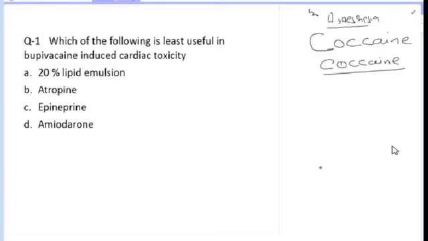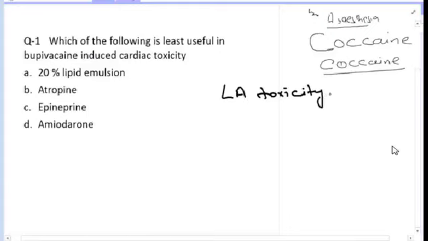Now the local anesthetic induced toxicity basically occurs in two systems, the CNS and the CVS. Why? Because these systems have fast sodium receptors.